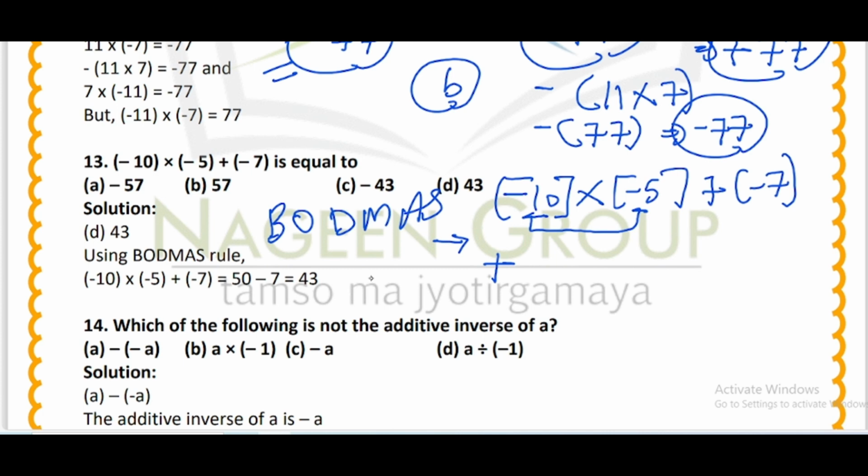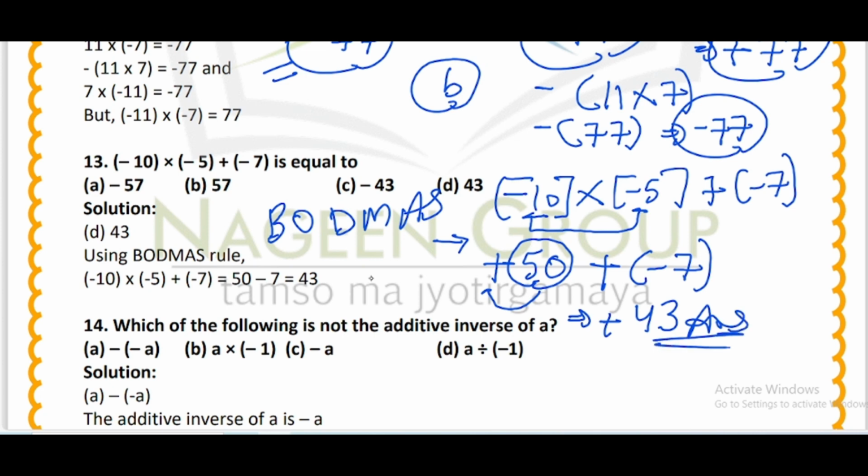Then we multiply the numerals, 10 into 5, that is 50. Then add with minus 7. Then we add two opposite integers, so we subtract 50 minus 7, that is 43. And which one is greater, 50 and 7? Then 50 is greater than 7, it means the symbol of 50 is plus. Then the right answer is plus 43. And the right option is part D.